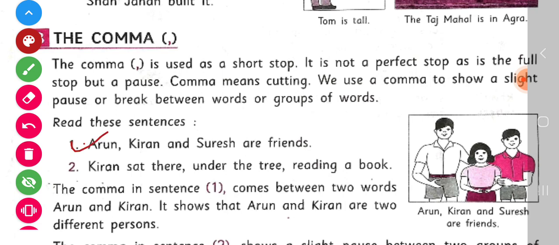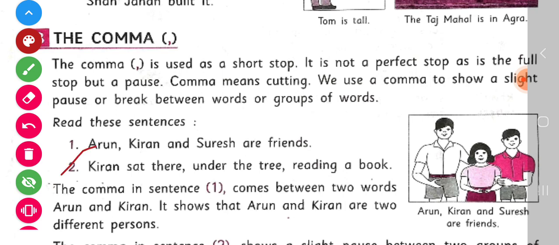There is a slight pause, and we are breaking Arun and Kiran. We will say like that, Arun, Kiran and Suresh are friends, because there is a pause between Arun and Kiran. That's why we are using here a comma.